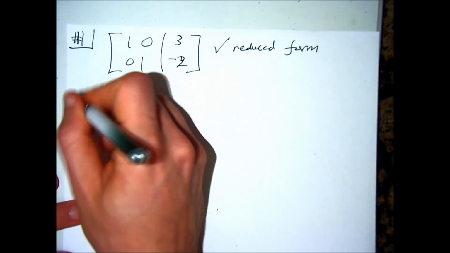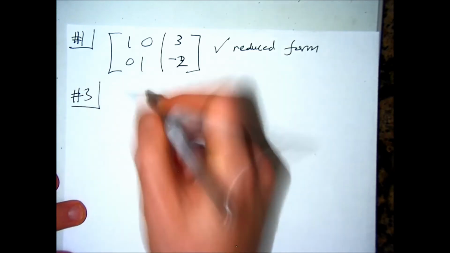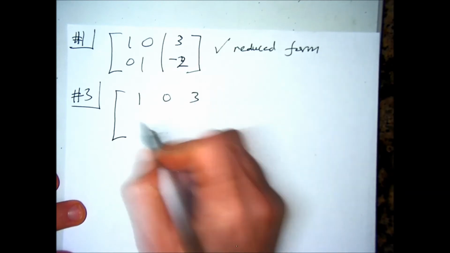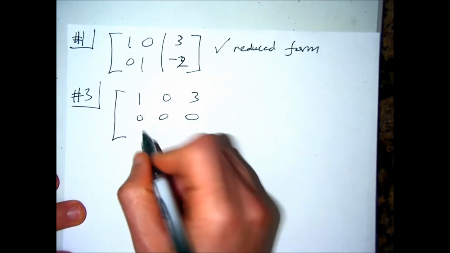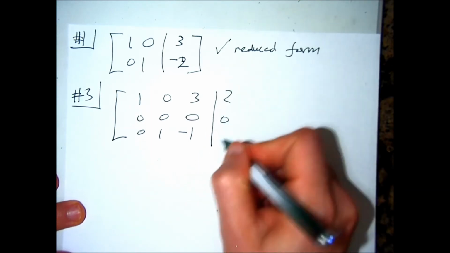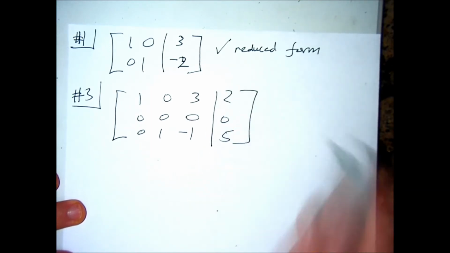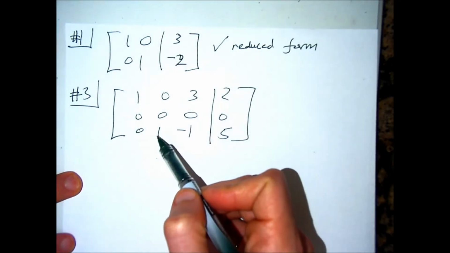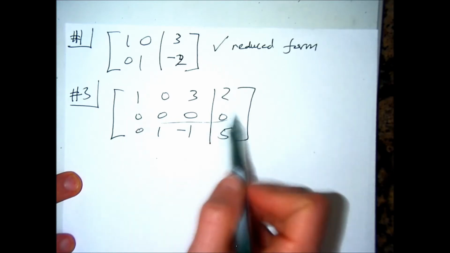Number 3. So that we have 1, 0, 3, 0, 0, 0, 0, 1, -1, vertical bar, 2, 0, 5. Is this in reduced form? No. I have a 1 here. This is my leading one. But I have a row of zeros here that's not at the bottom.